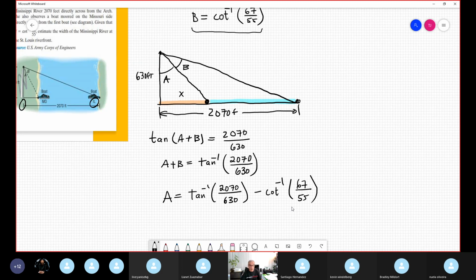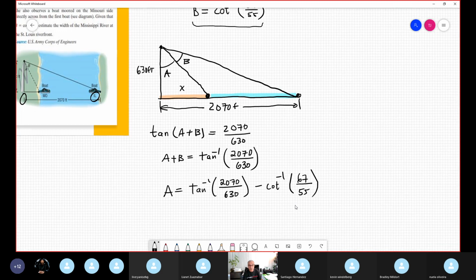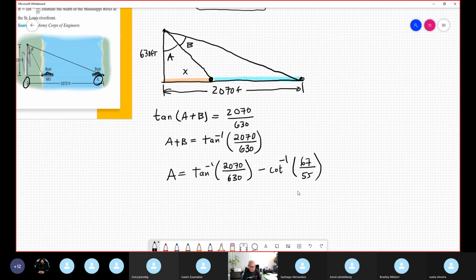Okay, entonces this is a moment to use a calculator. But in the majority of calculators, we have no cotangent inverse. We have sine. But you can do something. Look, a is equal tangent inverse of 2070 minus tangent inverse.